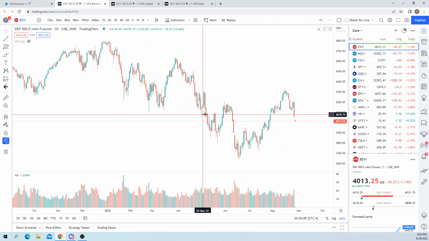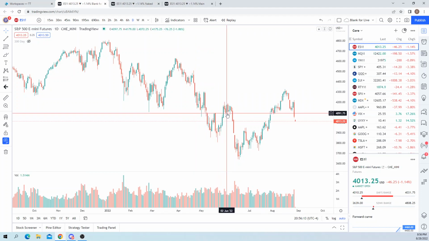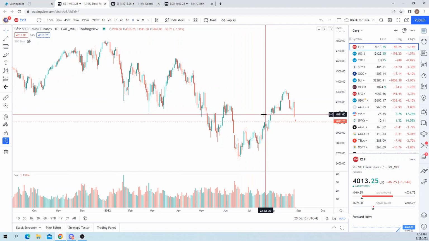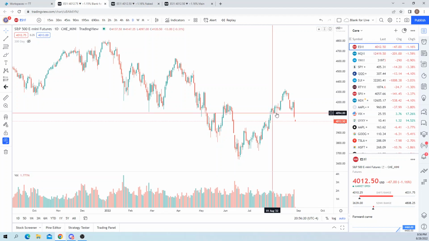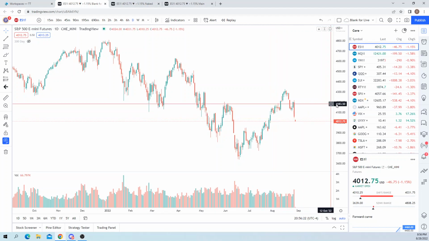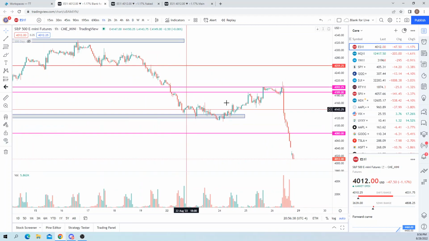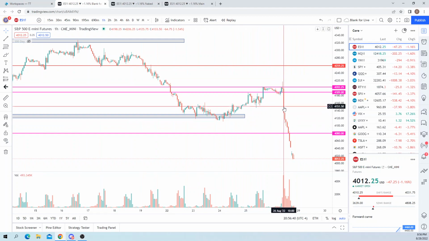So right where my cursor is, you could see in this area, it was a key support back in June, and then price even bounced at it back in early August. So 4,080 was a key support area that I expected price to gravitate towards if it did happen to roll over from 4,200. And as you could see, this particular plan was nearly flawless.